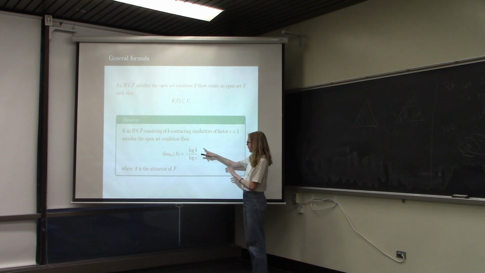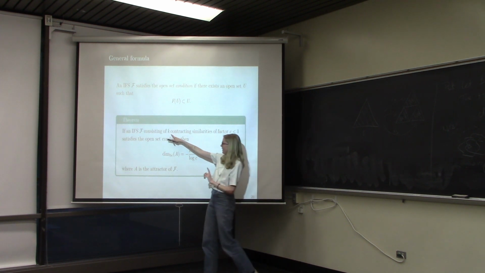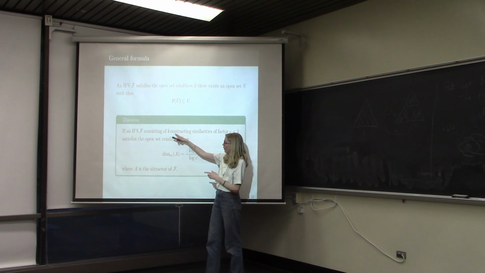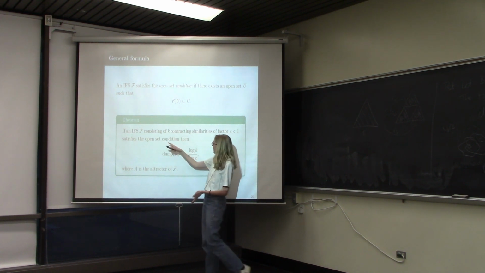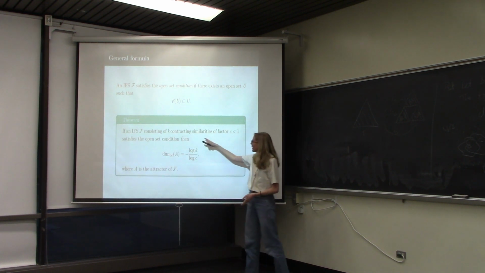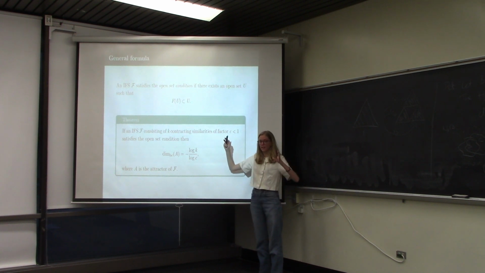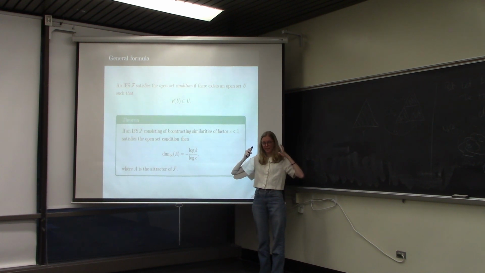So if we have k, that's the number of functions in the IFS, and they are similarities, so they decrease. We have an equality in this formula that we had in the beginning.